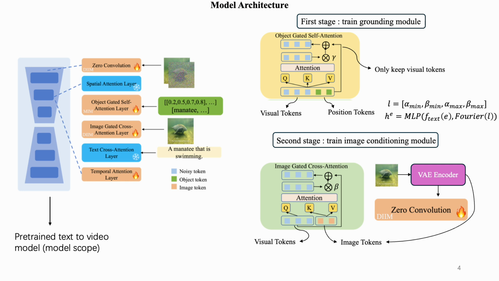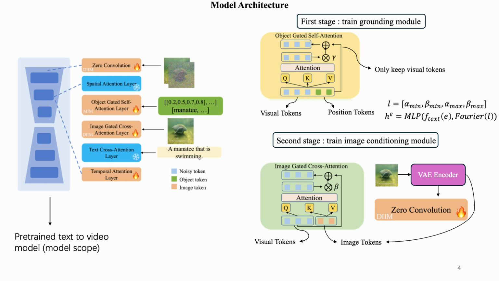Additionally, we also introduce image-gated cross attention and a convolution layer with zero initialization to introduce the image information to the model. We first use a VAE encoder to encode the image to obtain the latent representation of the image. In the convolution module, we concatenate this latent representation with the diffusion network inputs.